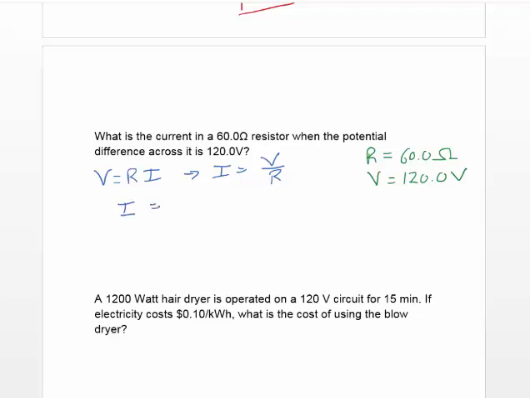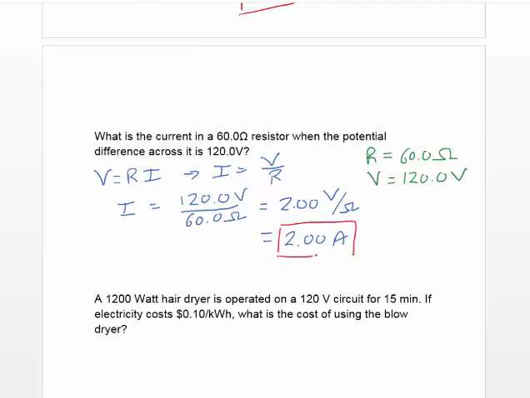The current is equal to 120 volts divided by 60 ohms, which equals 2 volts per ohm, and that is actually equal to amps. So that's 2.00 amperes for our answer. The current through this resistor would be 2 amperes.